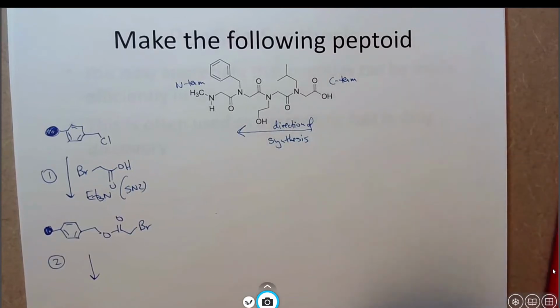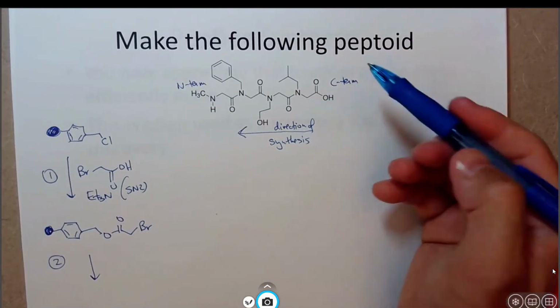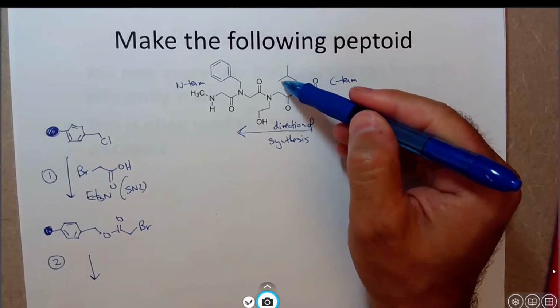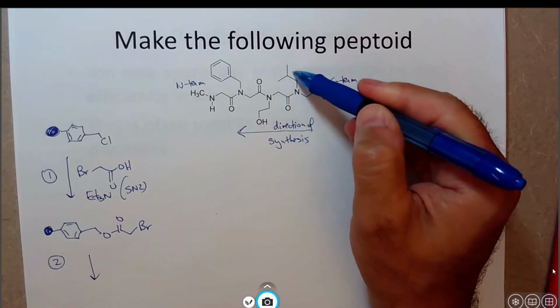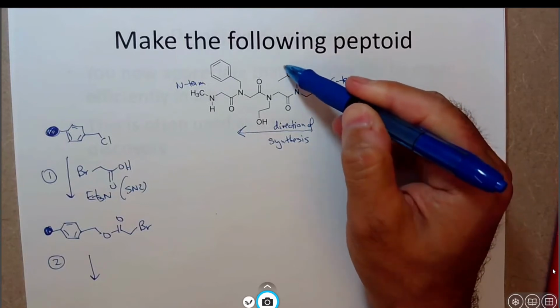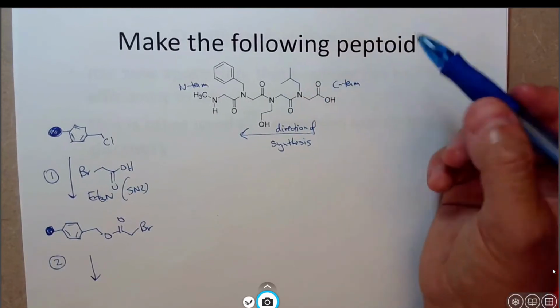Okay, so what are we going to add as our next chemical? You can imagine up here you have your bromine attached. So now we need to add the nitrogen. You can see I'm circling it with my pen. I'm not writing it in, but you're basically going to add this group here, this isopropylamine group, as a primary amine.